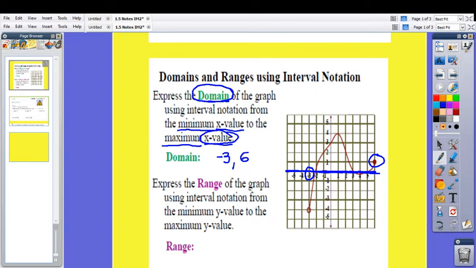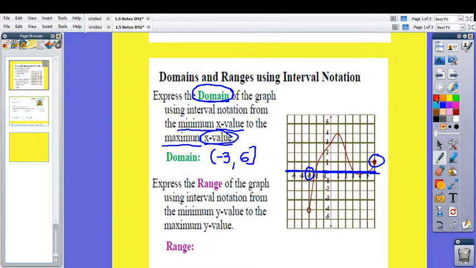Now we need to decide, will we put a parenthesis or bracket for these? You can see there is an open dot here, that means -3 is not the solution, so parentheses. Here we put a bracket because it's a closed dot.